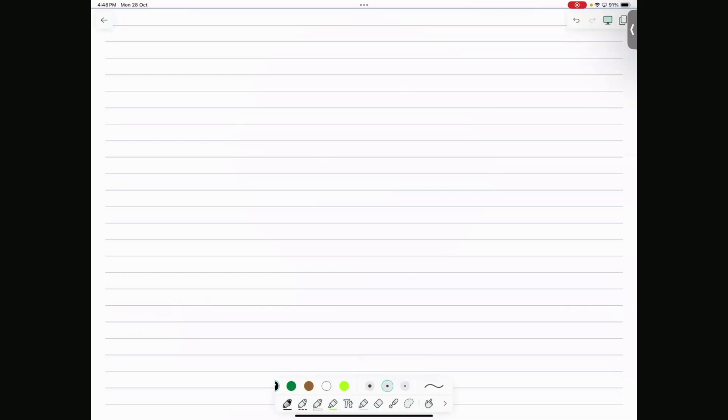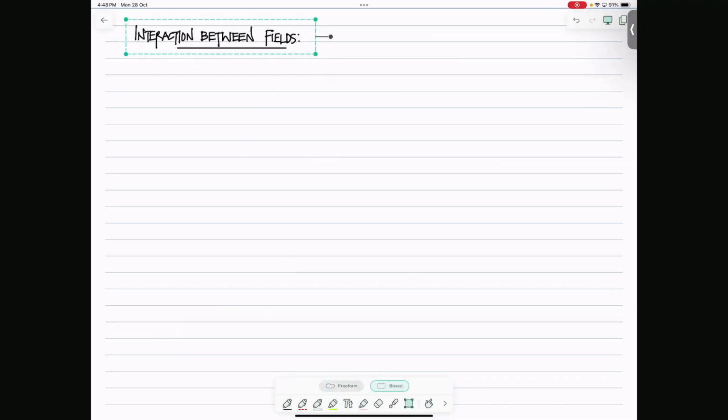So this is interaction between charges. So there are two questions that we need to look into. The first question is very basic.